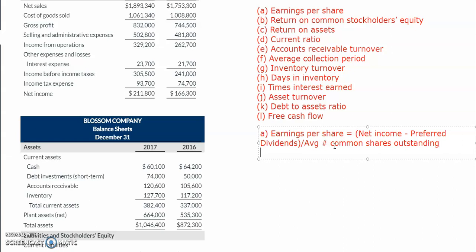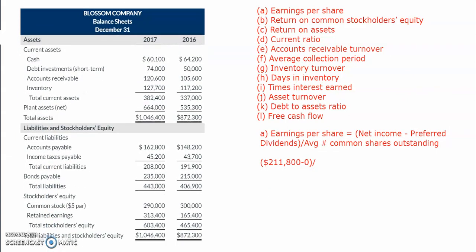So we're going to start off with our net income for this year, which is $211,800 minus 0 because there's no preferred dividends. And then we're going to divide that by our number of shares outstanding. And you'll notice that in this problem, they didn't tell us the number of shares outstanding.